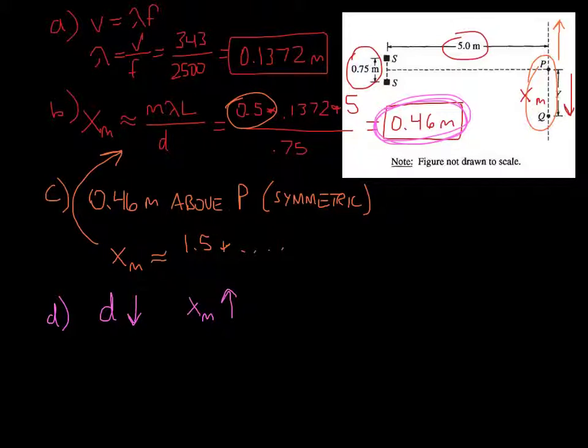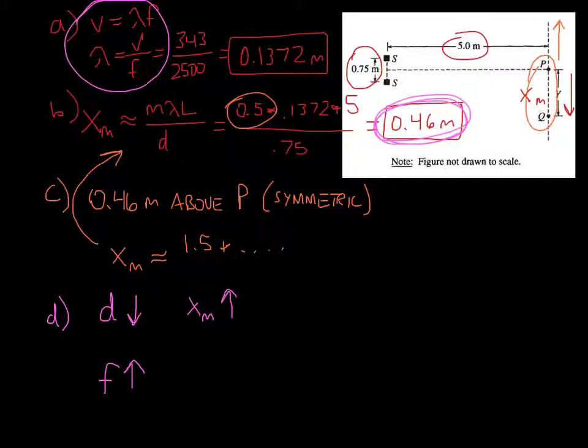The second part of part B says that this time the frequency emitted by the two speakers is increased. So we're saying that the f goes up based on the equation up here. If the f goes up, since the speed stays the same, the speed is constant, the lambda has to go down.